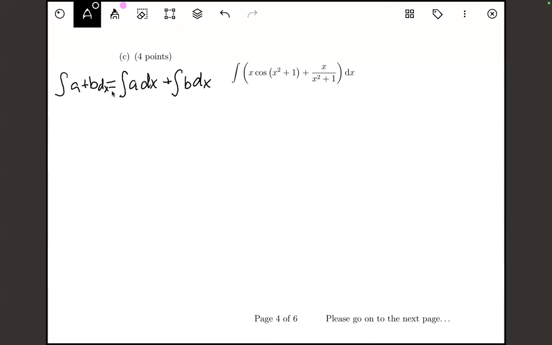So I'm going to use this, and I see 2 composite functions here. I see one where we have cosine of x and the inner function is x squared plus 2, and over here we have maybe a 1 over x as the outer function, and then x squared plus 1 as the inner function.